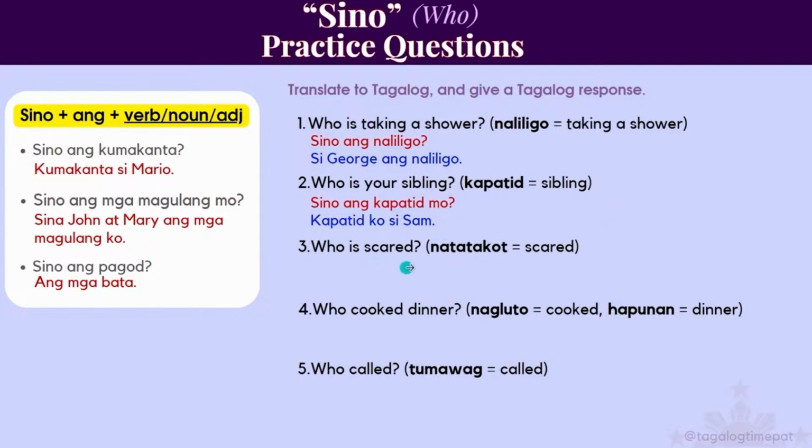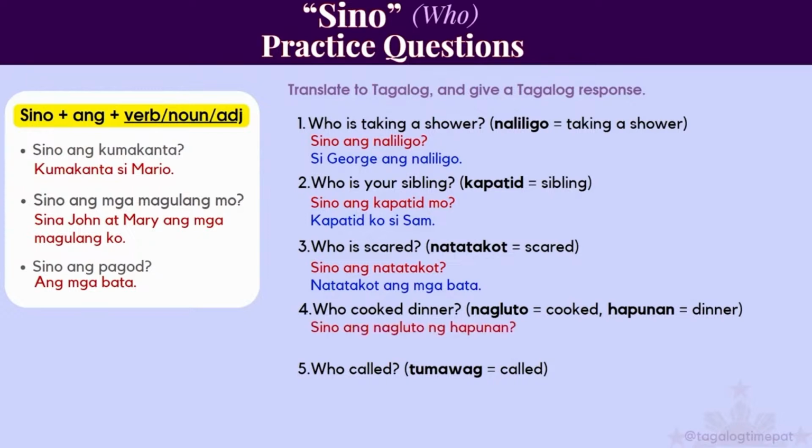Number 3, who is scared? Natatakot is scared. Sino ang natatakot? Who is scared? Natatakot ang mga bata. The kids are scared. Number 4, who cooked dinner? Nagluto is cooked, hapunan is dinner.